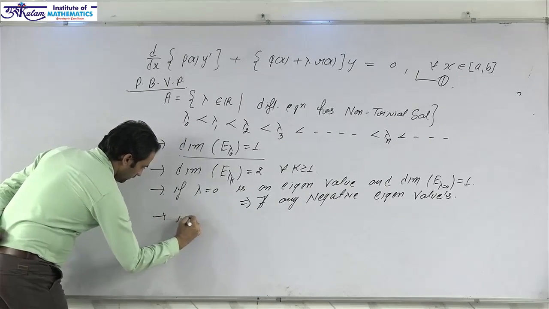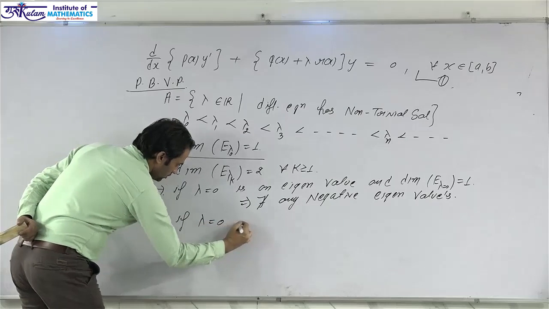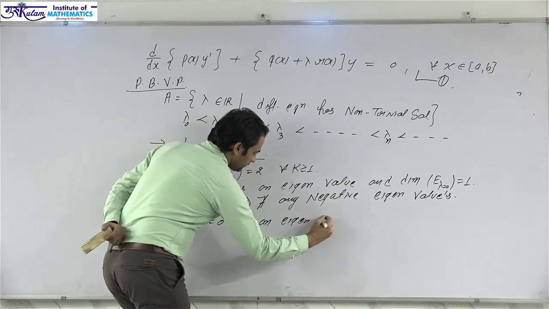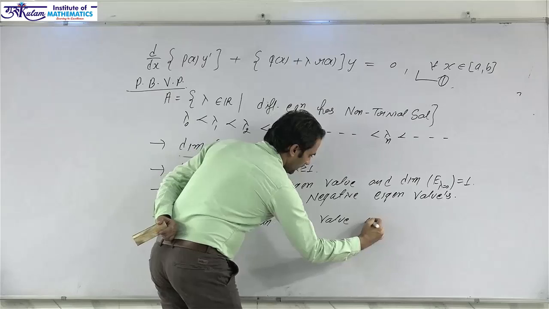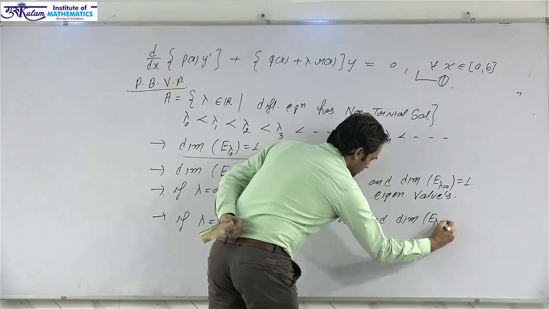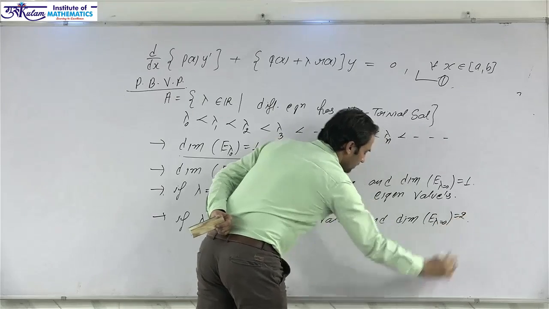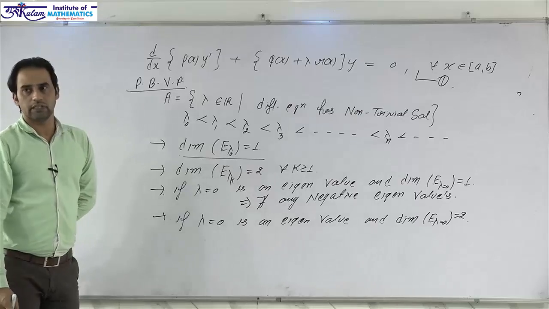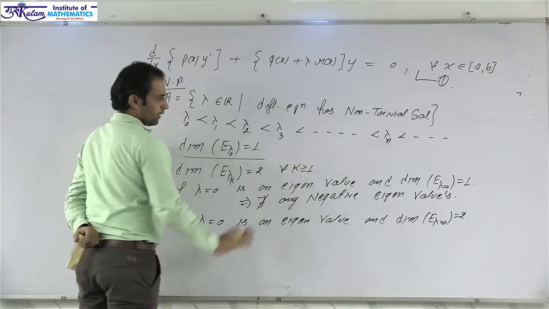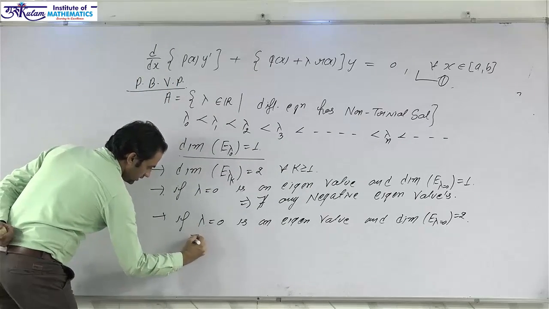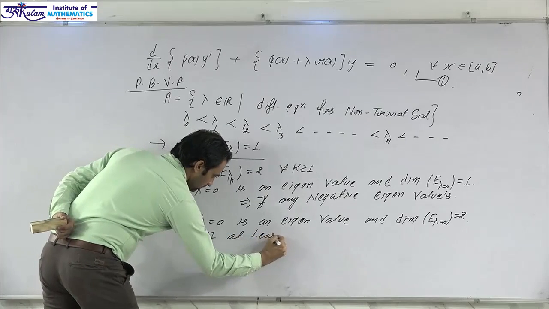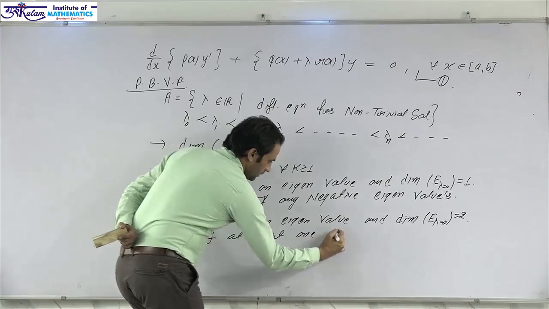Second is, if lambda equal to 0 is an eigenvalue and the dimension of E lambda equal to 0 is 2, that is, lambda equal to 0 is not the least eigenvalue, it may be some lambda 1, lambda 2, lambda 3, any lambda n, then there must exist at least one negative eigenvalue.